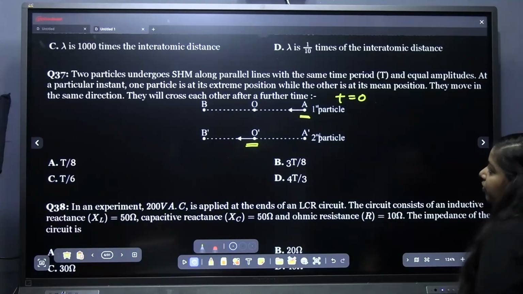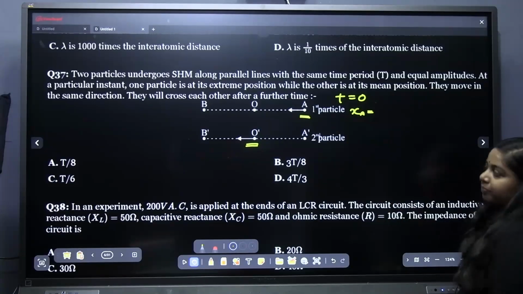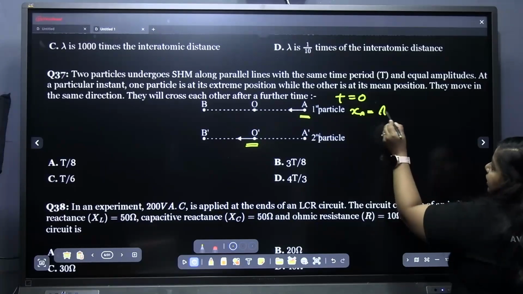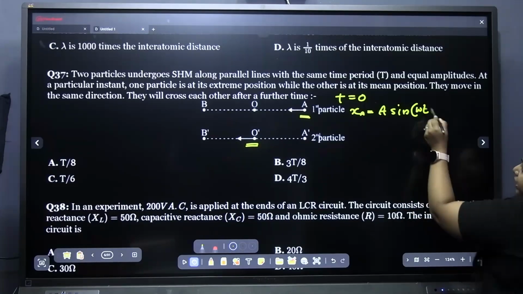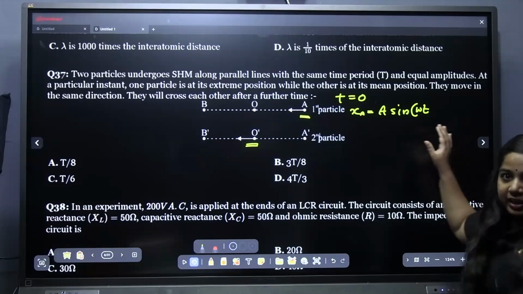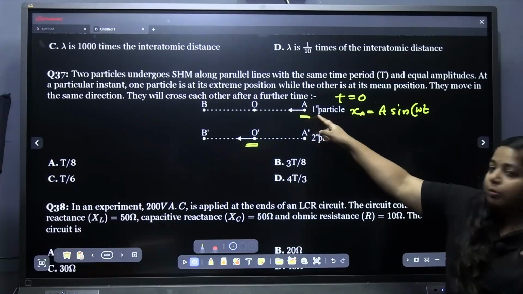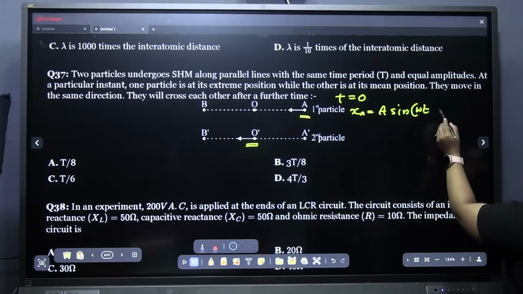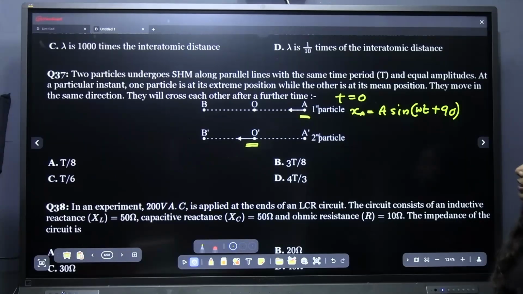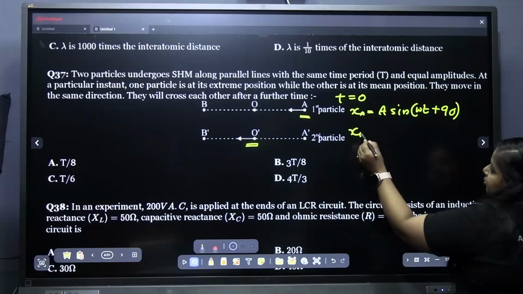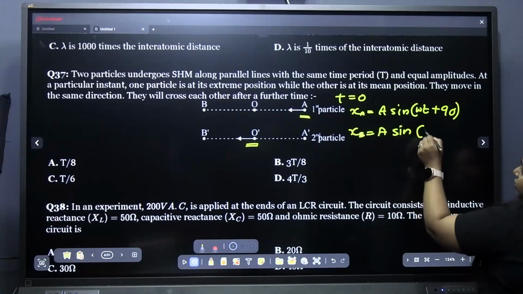So how we will write the equation: xa equal to amplitude sine omega t. If we just stop it here, xa will be 0, but it is at point A. So we will write plus 90. Then xb should be equal to a sine omega t.